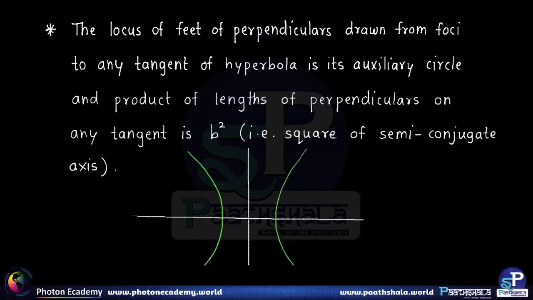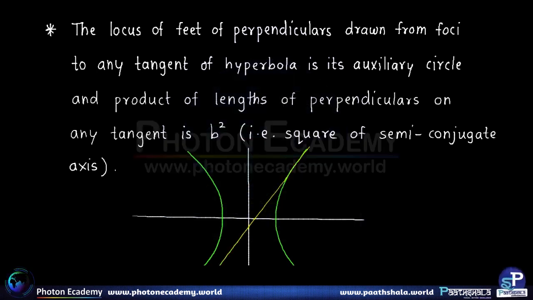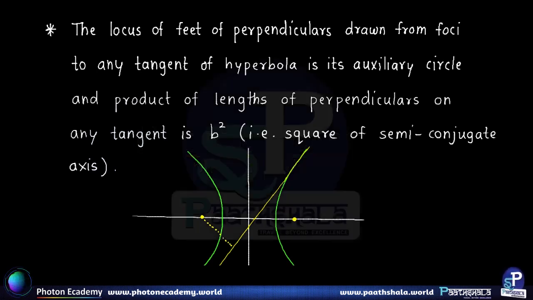Suppose we consider some tangent to it, and these are the foci. If you drop the perpendiculars from the two foci to this particular tangent, suppose we note where the feet of perpendiculars are, like this.